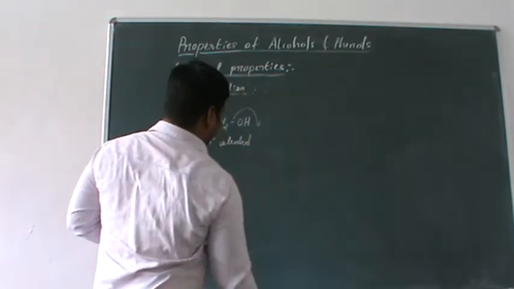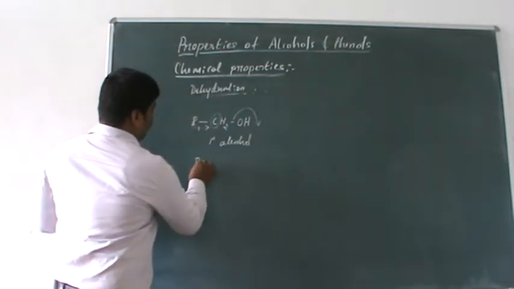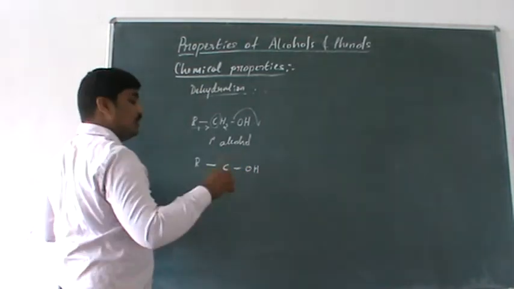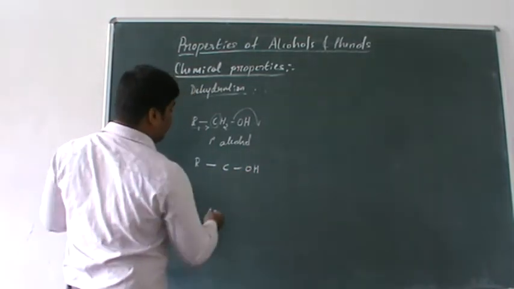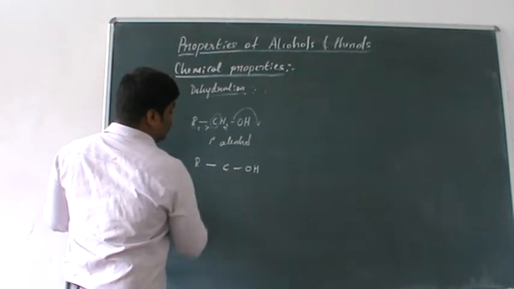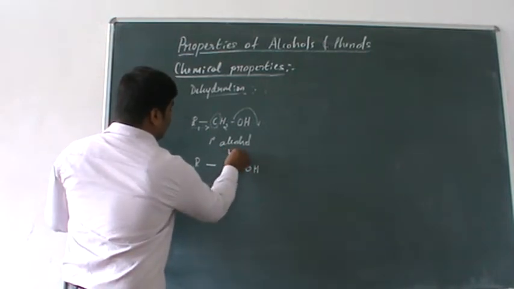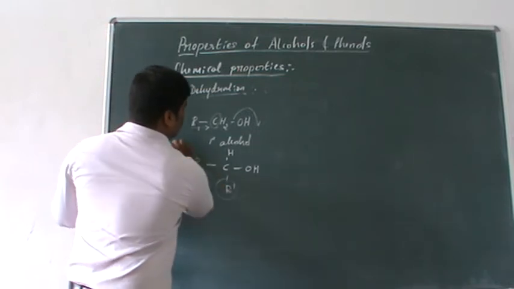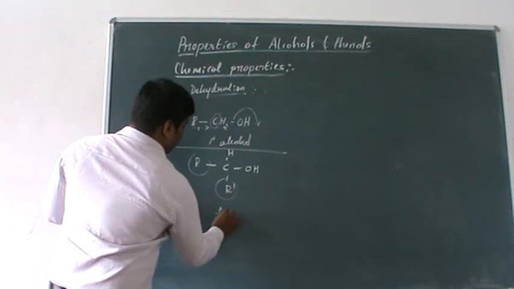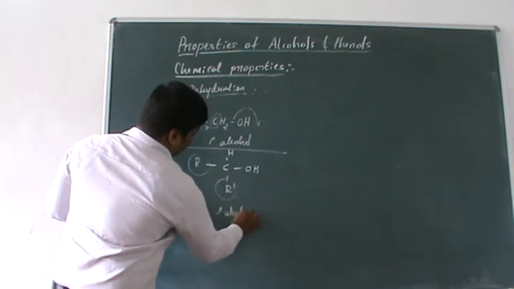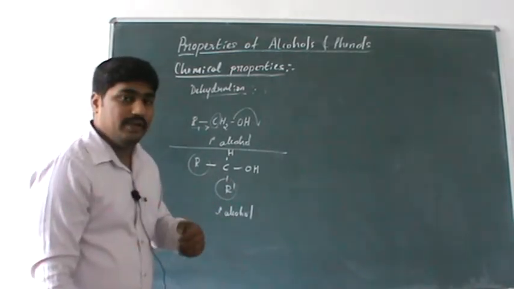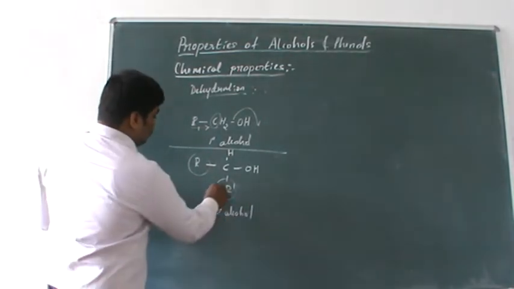Suppose we consider a secondary alcohol, R2CHOH. When it becomes secondary, the OH attached carbon contains one hydrogen and two alkyl groups. In the case of secondary alcohol, how many electron donating groups are attached?